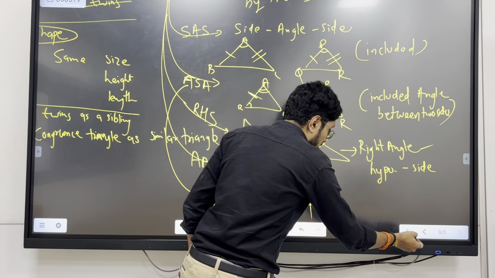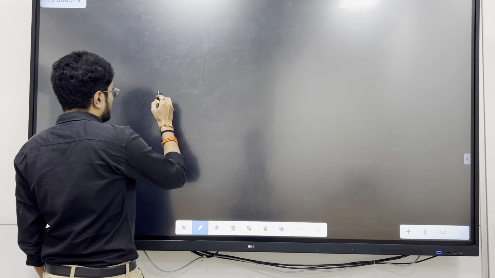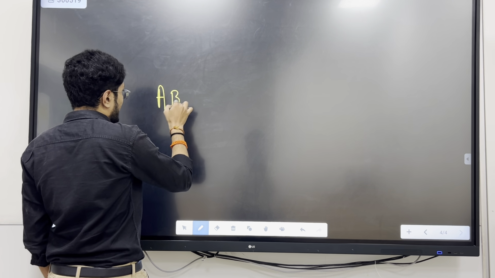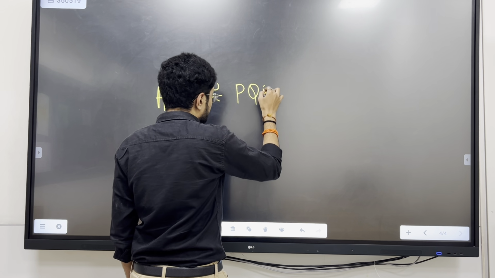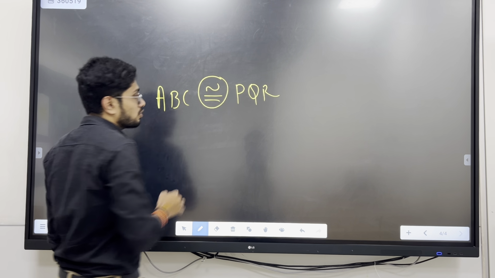Now sir, what do you mean by congruency? If I say triangle ABC is congruent to triangle PQR, this is the symbol of congruency.